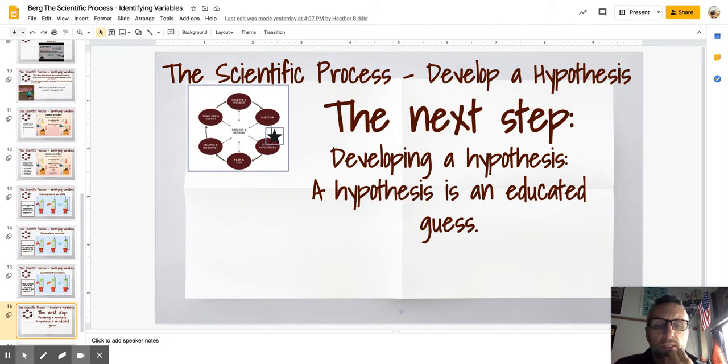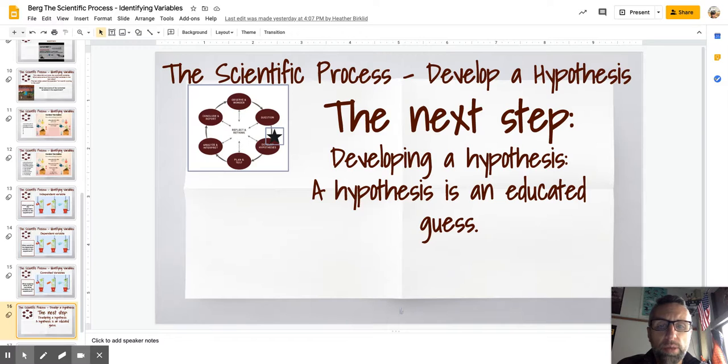All right. The next step is going to be to create a hypothesis. Now, creating a hypothesis is a little bit trickier. And to do it, you really need to identify both the independent and dependent variables. We leave the controlled variables out of this. And we're going to spend Thursday looking at how to do this.